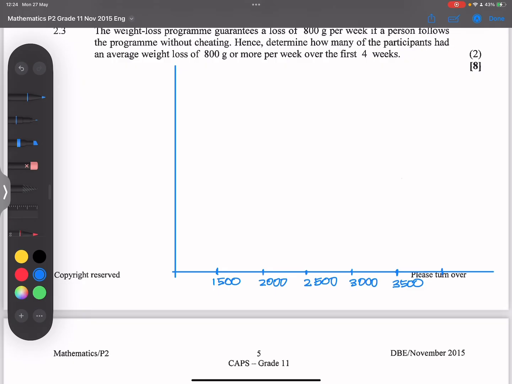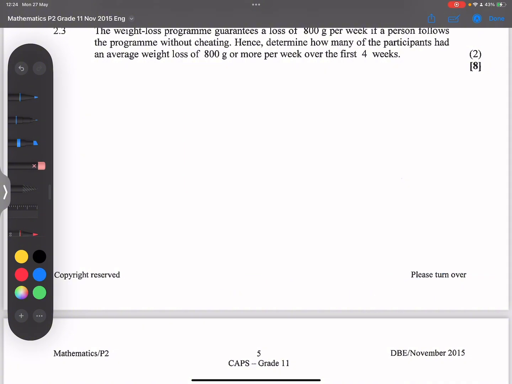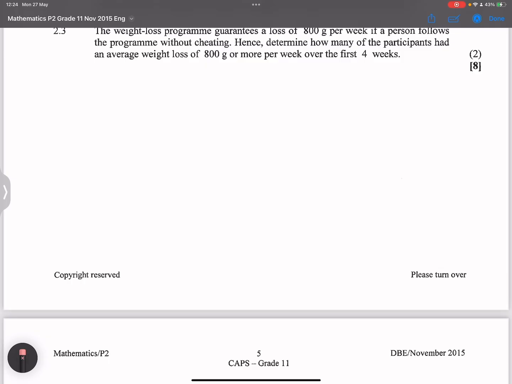So that's 4,000. I won't be able to fit all of that in there, so I'm going to have to shift my graph a little bit. Let's just draw the graph over here.